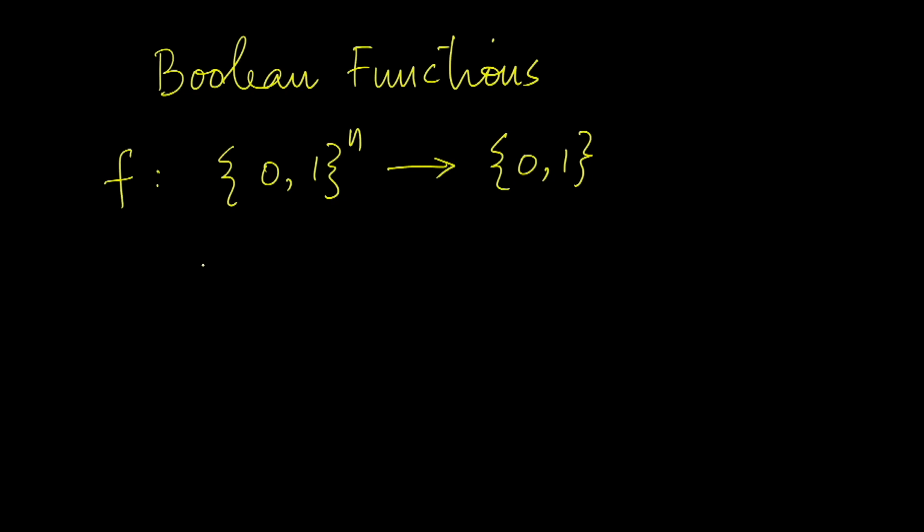So let us consider Boolean functions for various values of n. When n equal to 0, that means when there is no input, there are two Boolean functions. One is the constant Boolean function true, which always produces 1, and then the constant Boolean function f, which always produces 0. So these are the 0 variable Boolean functions.